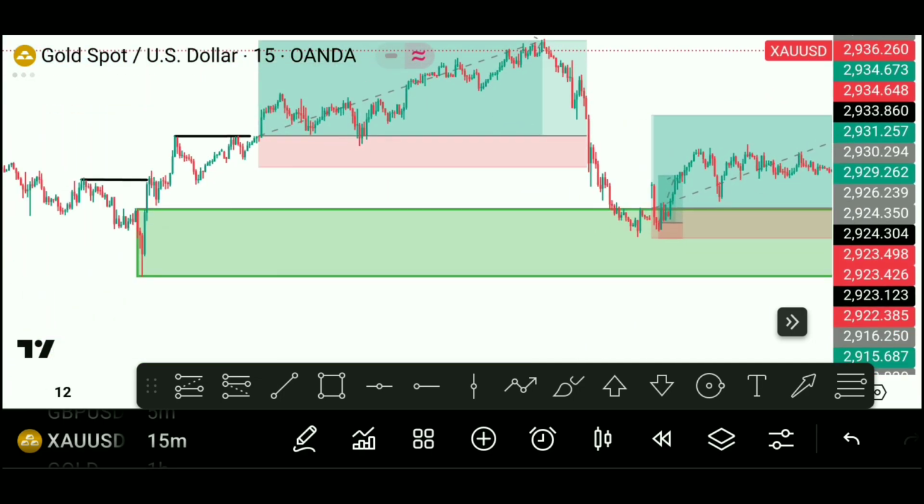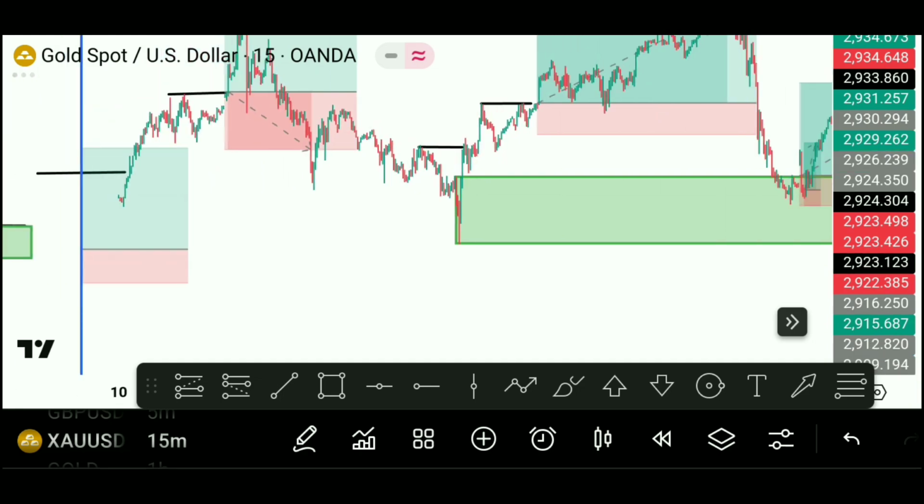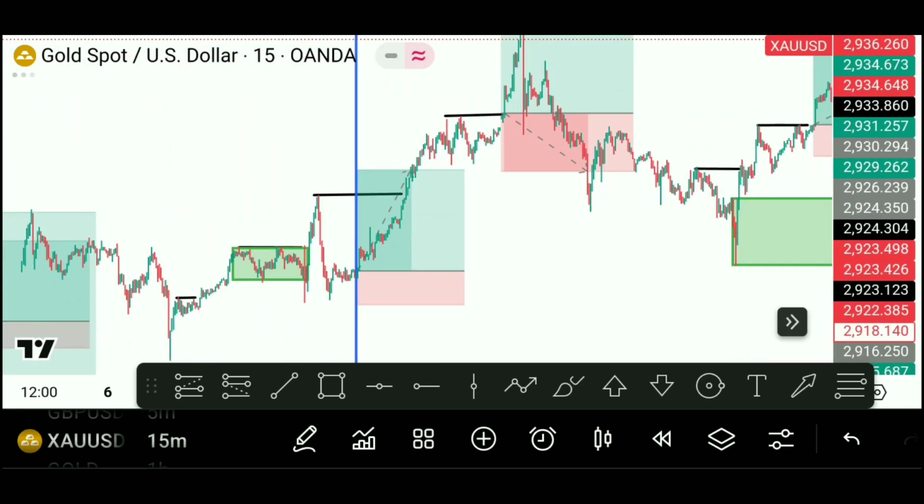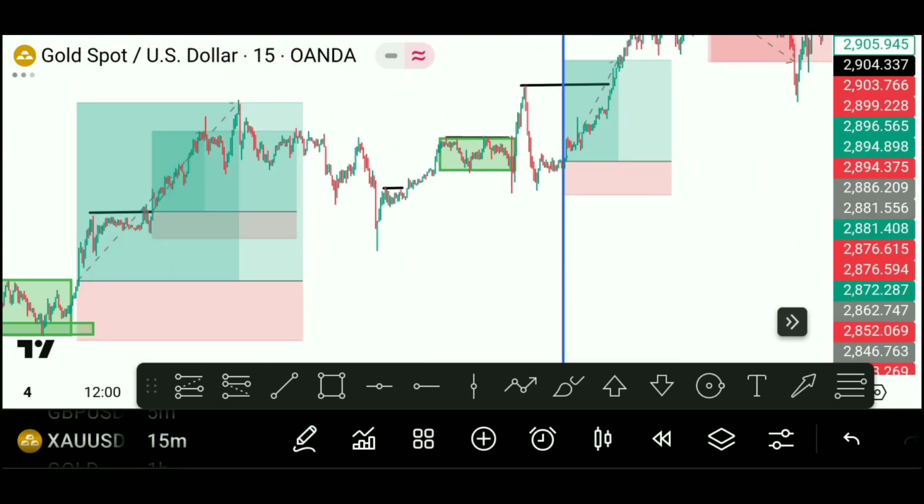Let's look for another example. You need a clear market structure, just as I said. You need a clear market structure, and you need to see an impulsive candlestick before the FVG strategy is going to work. One, make sure your market structure is correct, and two, you need to have an impulsive candlestick.